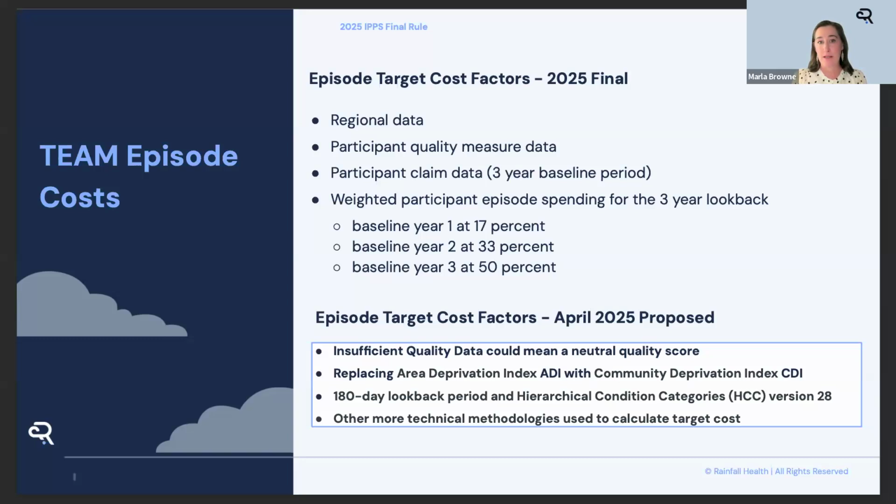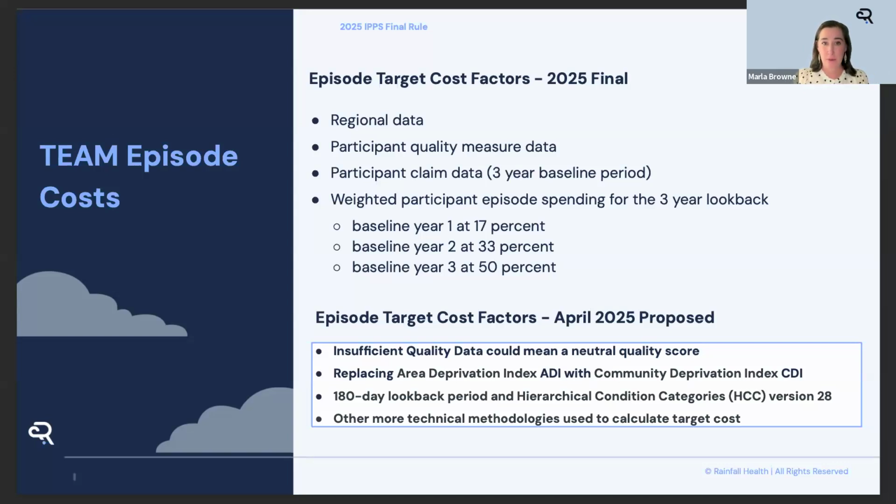So we can see here baseline year 3 being weighted at 50%. That is the most current year, anticipating that the most recent year is the most accurate predictor of performance year spending, and therefore would contribute most strongly to the benchmark. And then we can see year 2, year 1, how it decreases in that weighted measure.